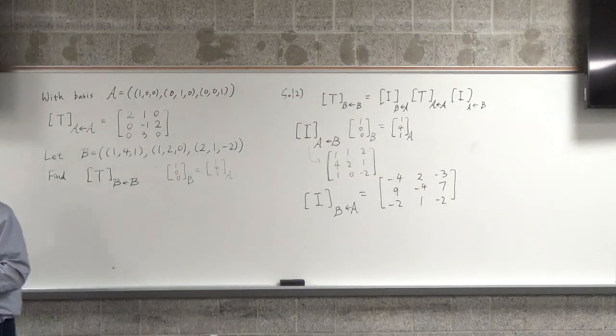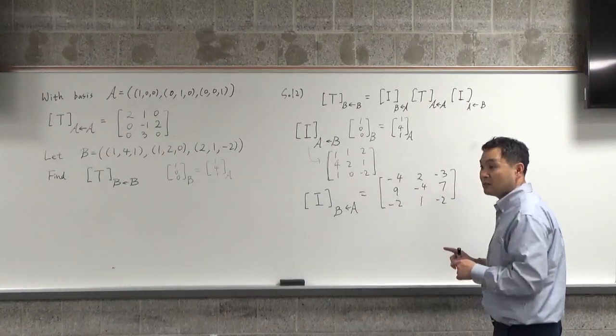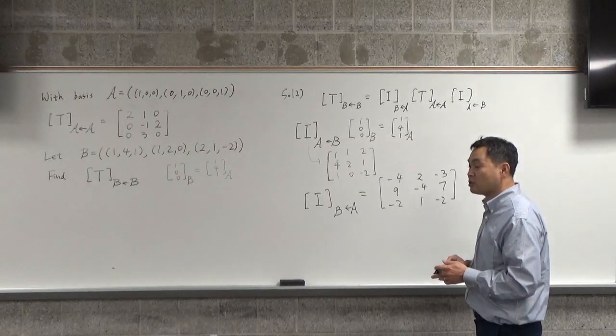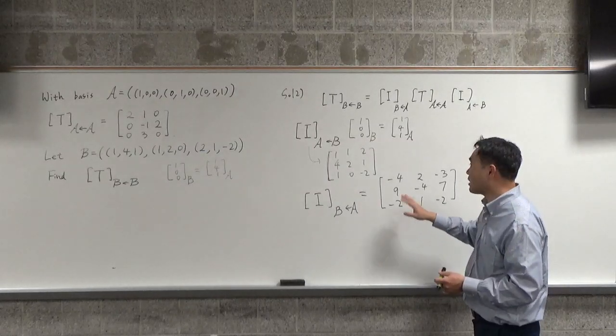Did you get it? For the augmented matrix, is the last column going to be zeros? No, you're not doing an augmented matrix. What you're doing is you have 2 matrices.